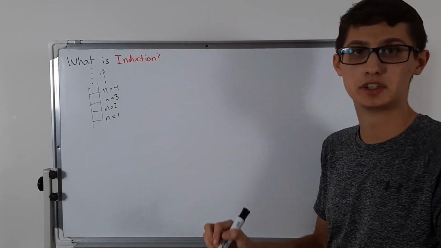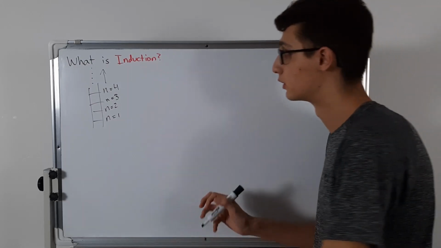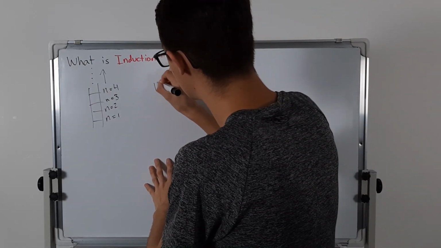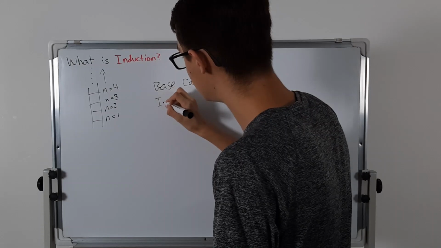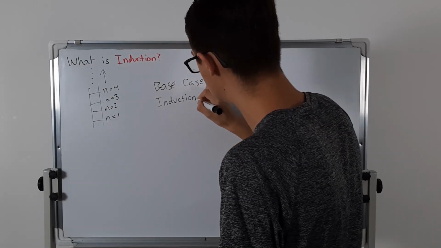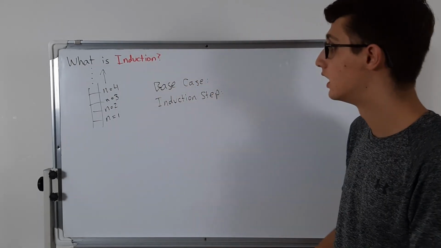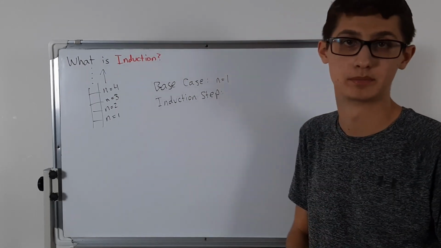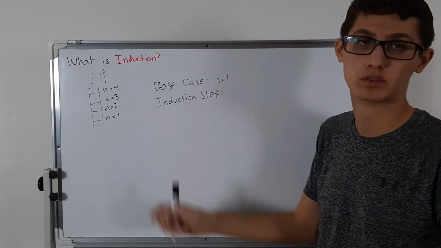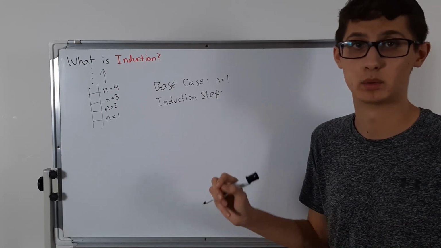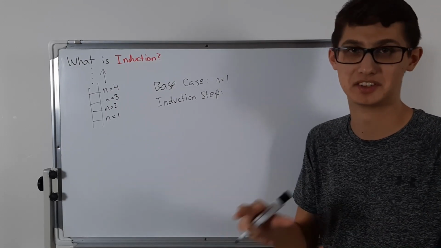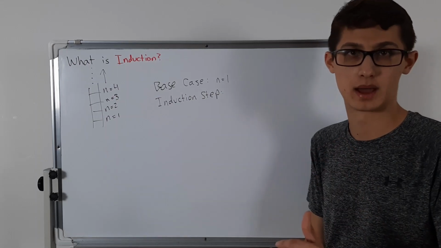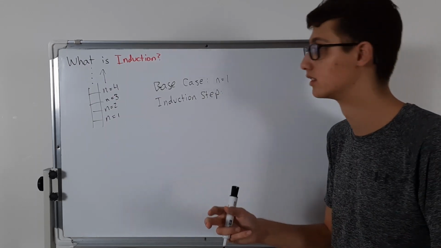So induction usually comes with two steps. The first one being the base case, and then the second one being the induction step. With the base case, you're really just proving the claim for n equals 1. Or maybe n equals 2 if that makes more sense, or n equals 0 if that makes more sense. It's just basically your first step, whatever makes the most sense.